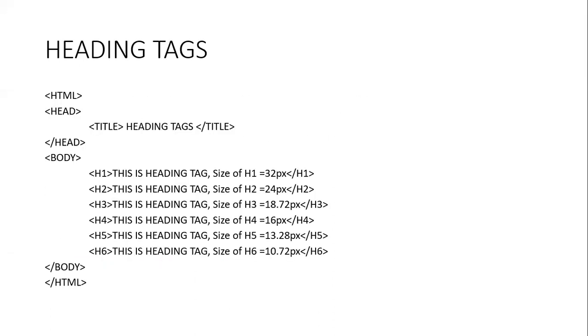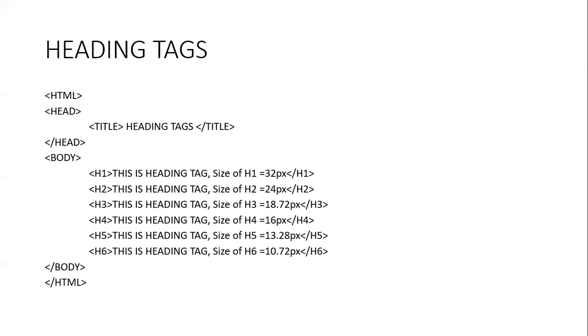So here is a simple example using all the heading tags. You might have seen on your browser that sometimes you see bigger text, sometimes a paragraph with smaller text. How does that happen? As I told you, each and every HTML program contains two main sections: the head section and the body section.